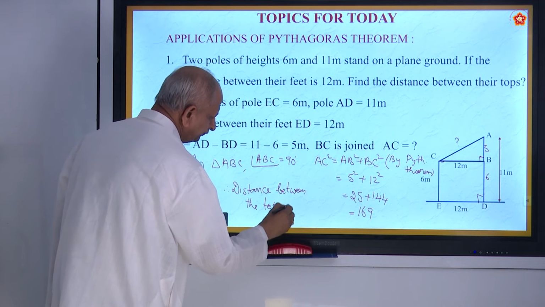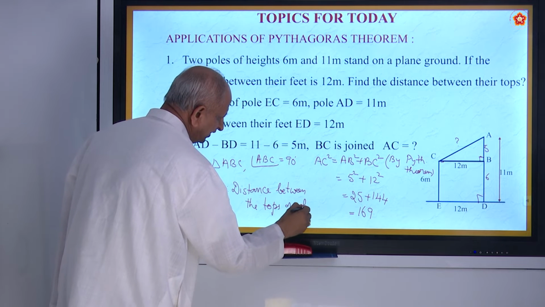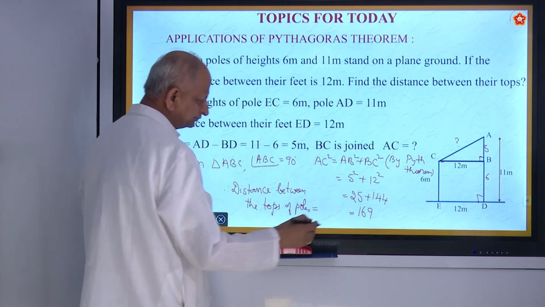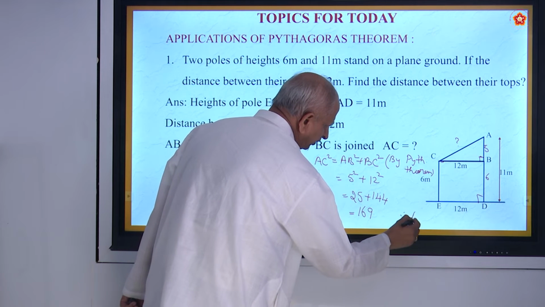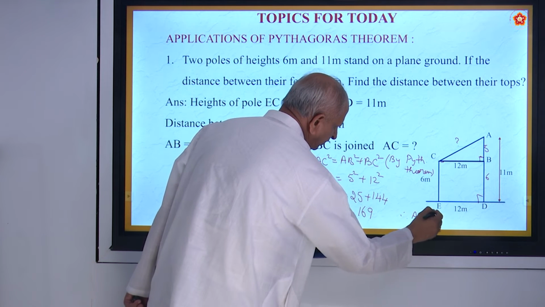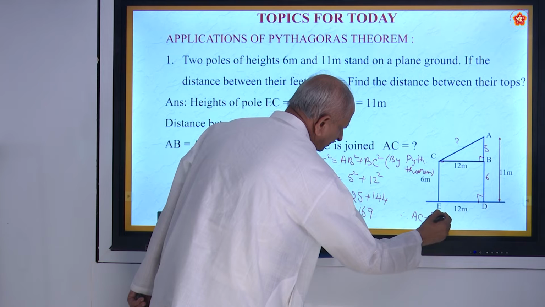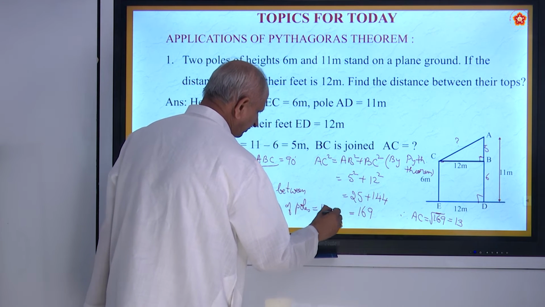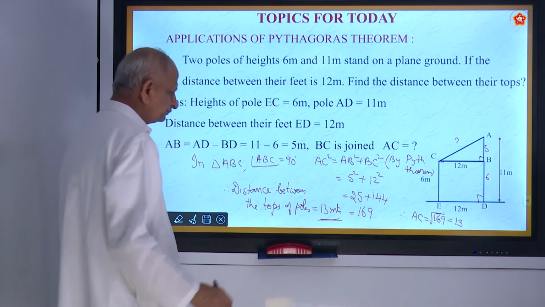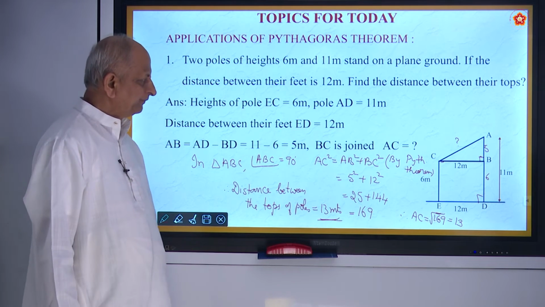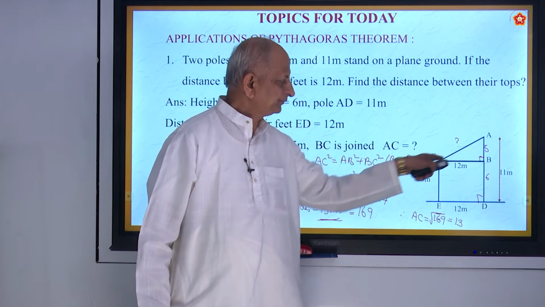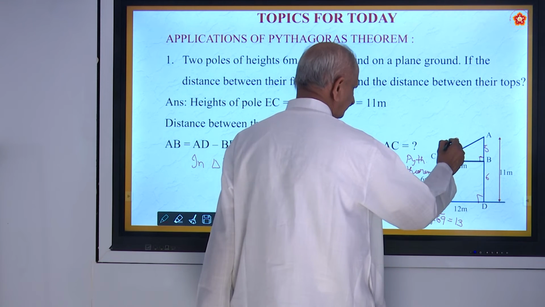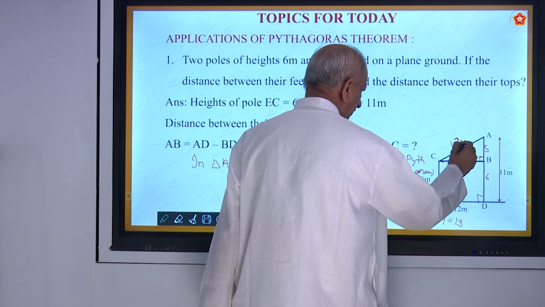Poles. Tops of poles, that is AC, is equal to root of 169. So AC is root of 169, that is 13 meters. That is the answer. The distance between the tops of the poles, that is AC here, becomes 13 meters. Okay. So this is 13 meters we found now.